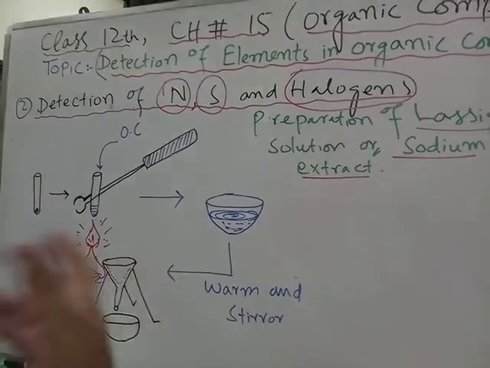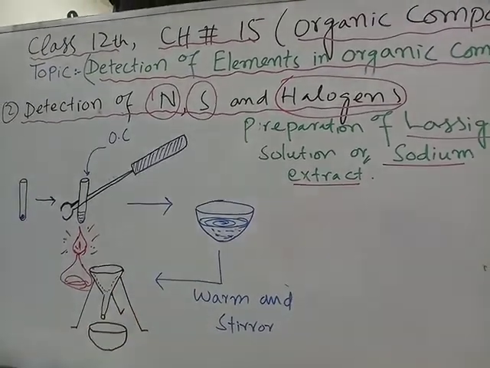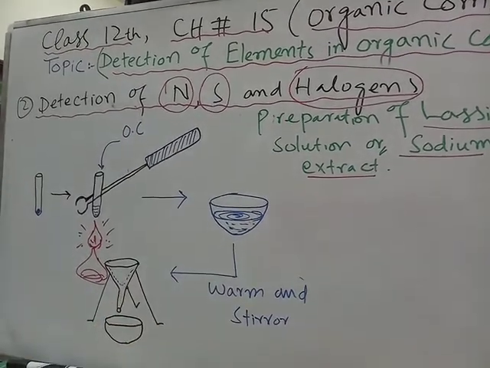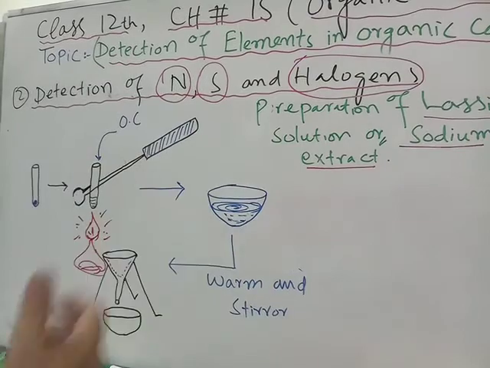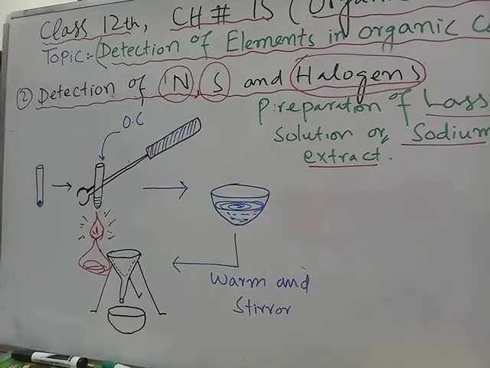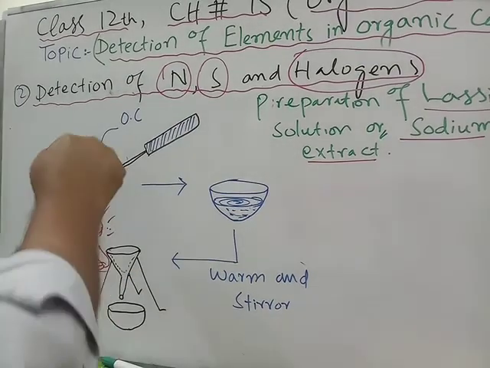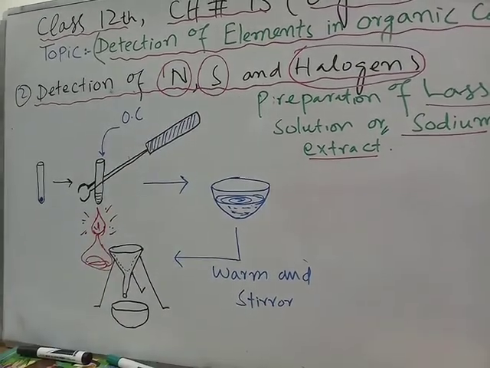For example, glucose or some other organic compound, or urea or thiourea, in which you are detecting nitrogen, sulfur or something else. So add the organic compound here over the molten sodium.